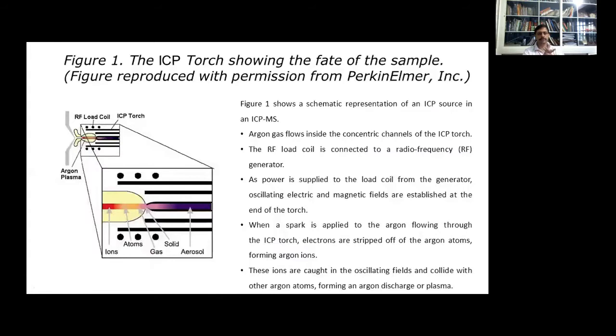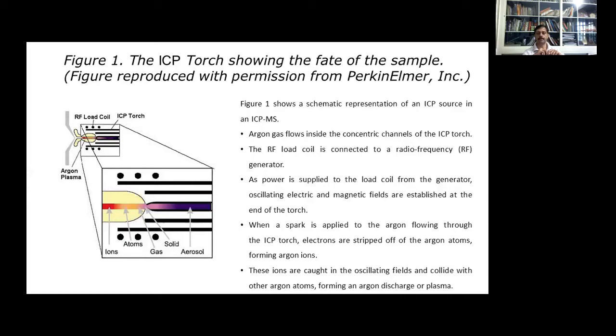Carefully observe this figure. This is the picture of an ICP torch. I mentioned in the first part that the ICP torch contains 3 concentric tubes. Outer 2 tubes are made of quartz and the innermost is mostly made of sapphire.